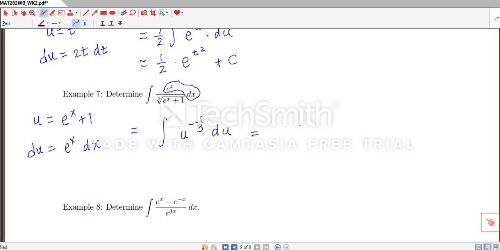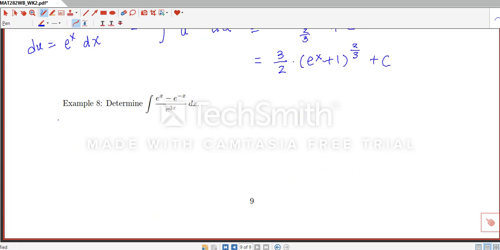And the antiderivative of u to the negative 1/3, using the power rule, we get the power increased by 1, so 2 over 3, divided by the new power, plus c. And we replace the expression for u back and simplify. We get 3 over 2 times e to the x plus 1 to the 2 over 3 power plus the constant c.